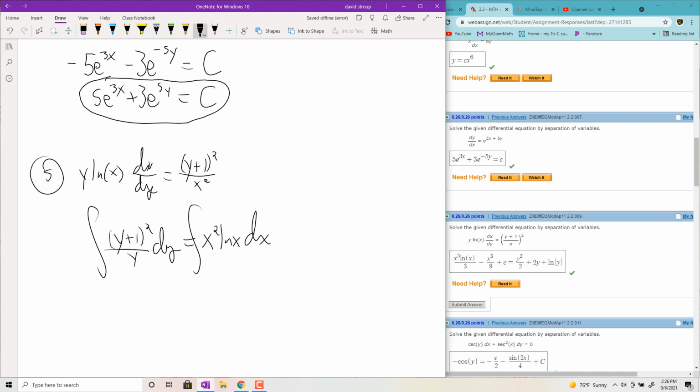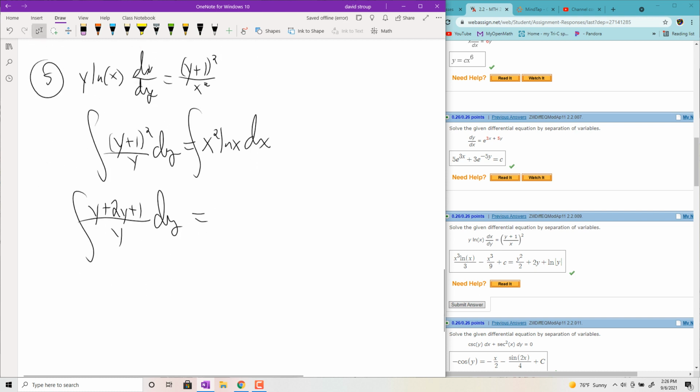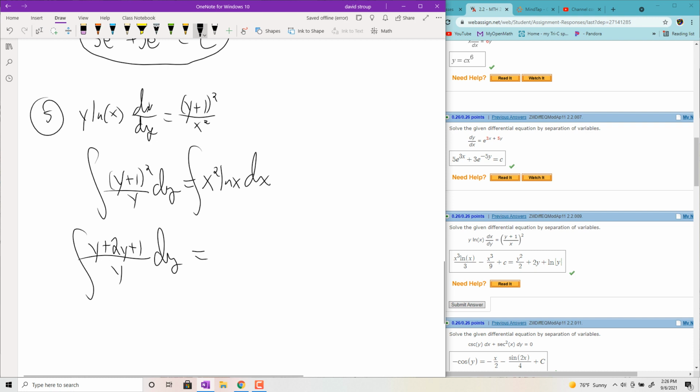On the left, you can FOIL out the top, and that would make your integration day easier. On the right, it looks like you're going to have to do integration by parts. So all that junk you learned in Calc 2 applies here. So u and dv: u is the ln x, dv is that x squared, and then v will be x cubed over 3, du will be 1 over x dx.